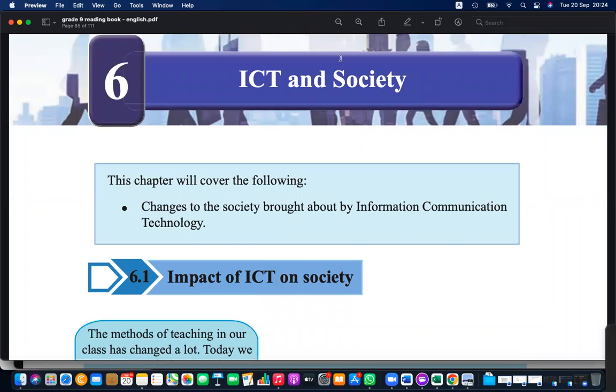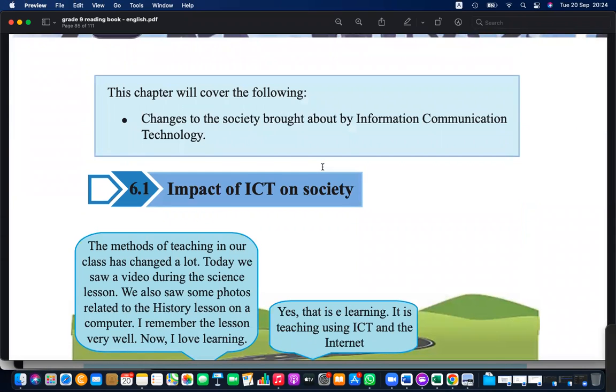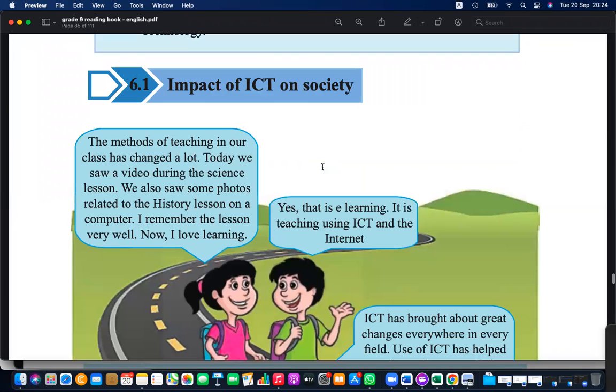We just discussed ICT and society and how technological development affects the society. There are negatives and positives. Under the positives we discussed, in most cases, we can use ICT for education.